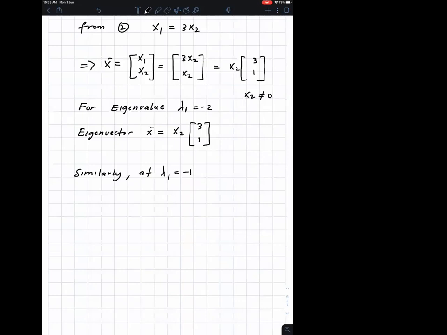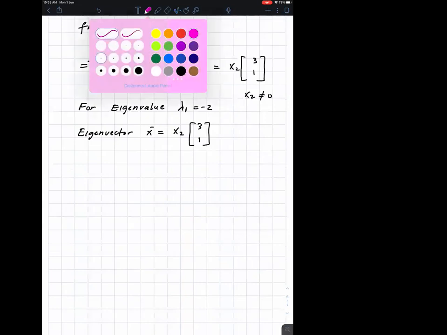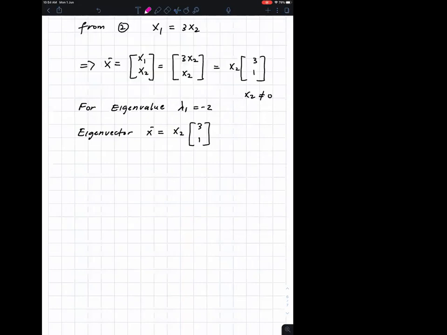But we are not going to do that because we are only finding the eigenvector corresponding to the dominant eigenvalue. This is the eigenvector corresponding to the dominant eigenvalue.